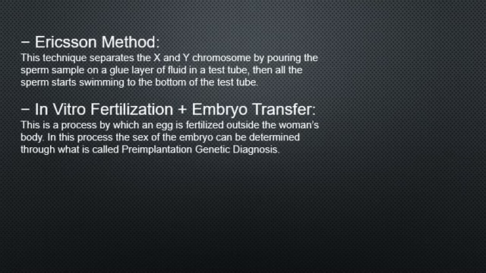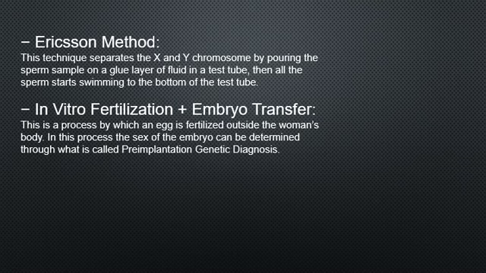That takes us to the next method, in vitro fertilization and embryo transfer. This is a process by which the egg is fertilized outside the human body. And in this process, the sex of the embryo can be determined through what is called pre-implantation genetic diagnosis. This pre-implantation genetic diagnosis is the most scientifically proven method of gender selection.